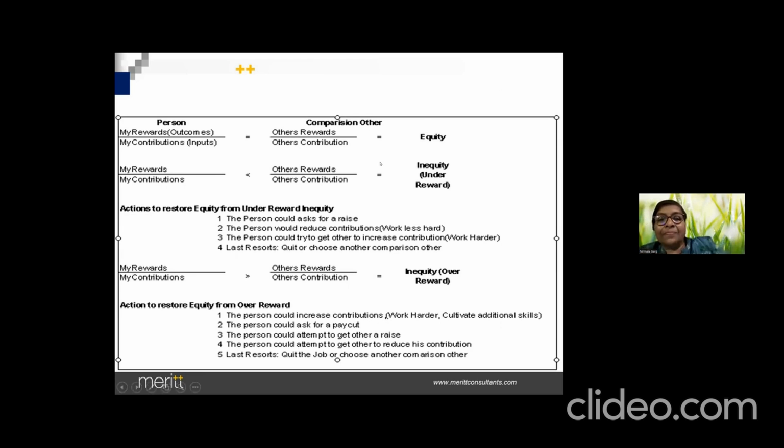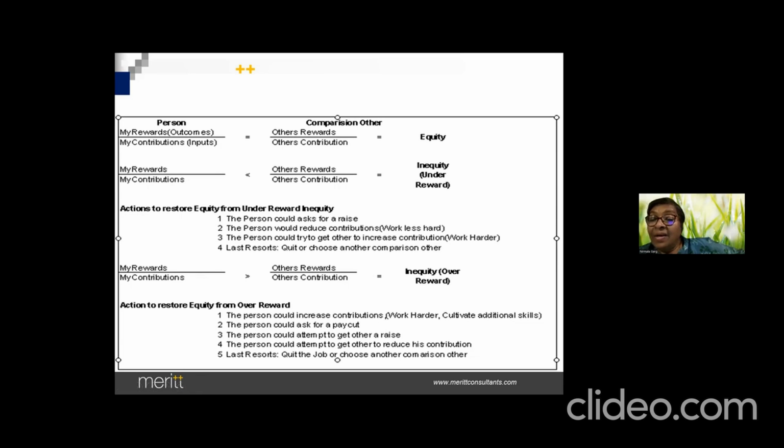So just look at this. First of all, when my output and input is equal to the person I'm comparing with, then what happens? There is equity, fairness, right? So when there is fairness, I'm happy, I'm motivated, I'm engaged. But my reward versus contribution is what?